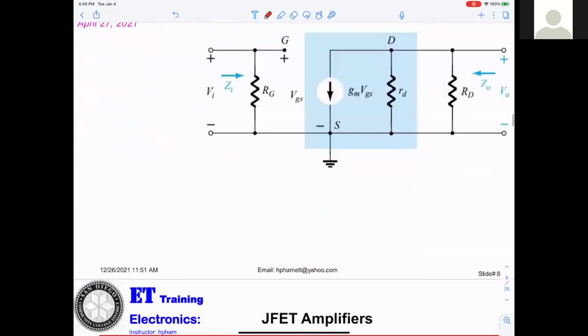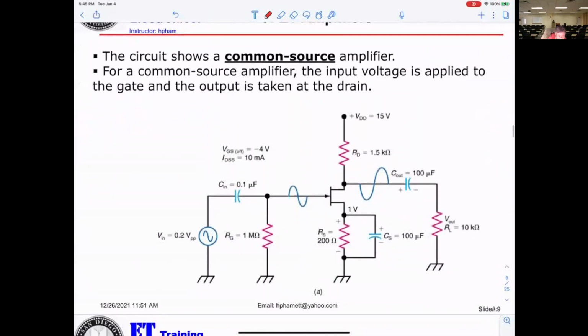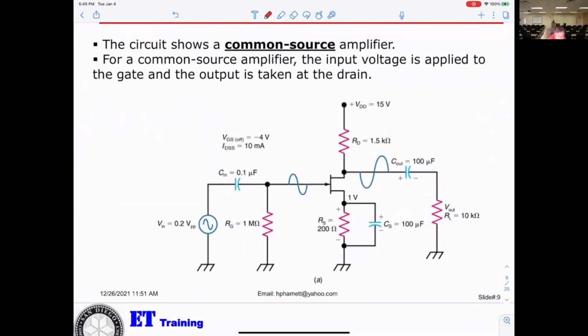Okay, now on that one, how do they build this common source amplifier? What bias circuitry will be used?